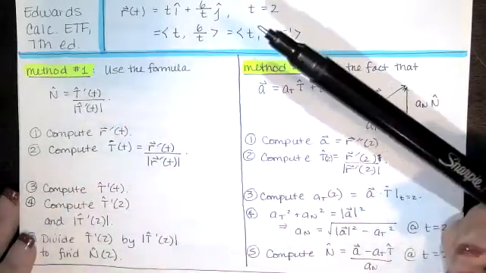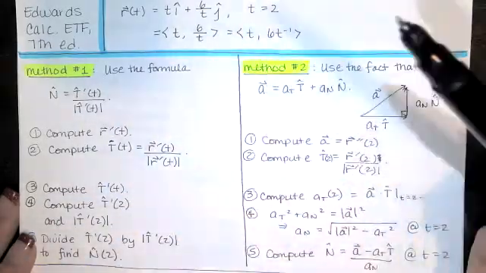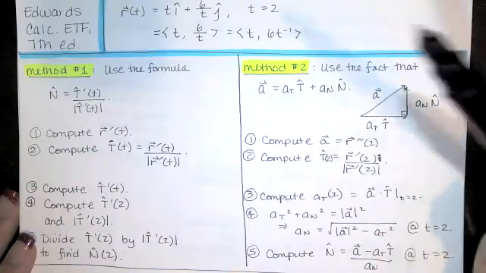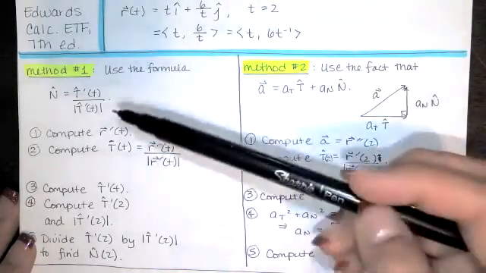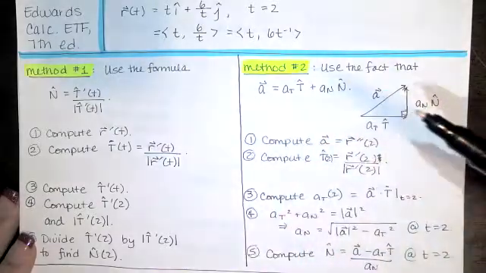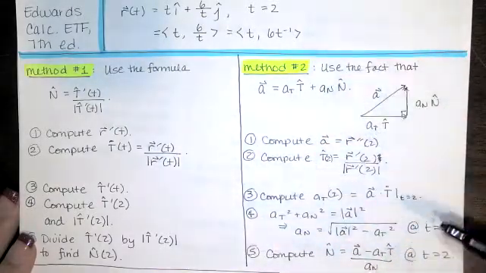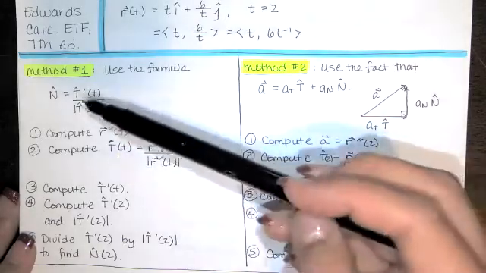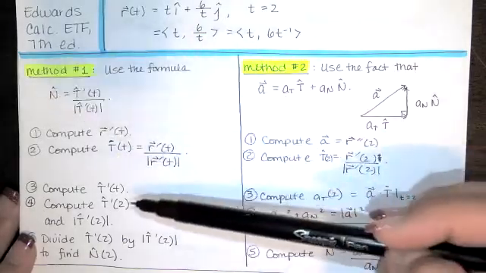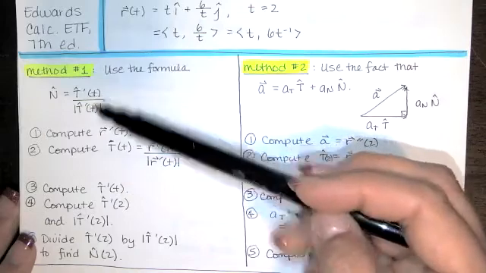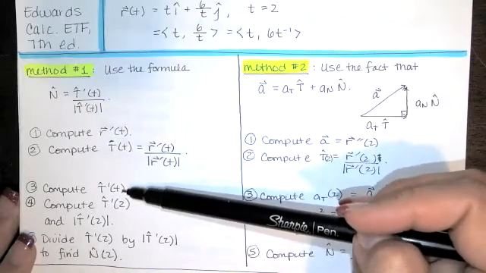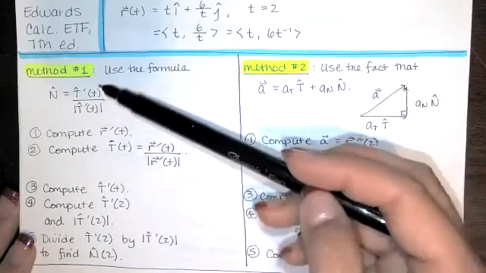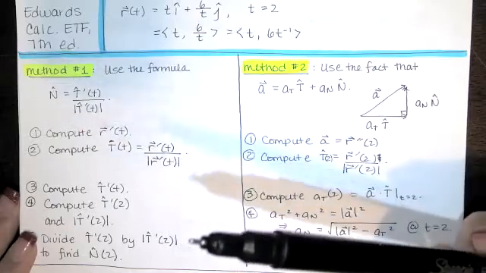Now, if I needed the principal unit normal vector at multiple values of lowercase t, I would probably want to use this formula directly, or maybe use this method in terms of lowercase t. But since I only want n hat at t equals 2, I can plug in t equals 2 right here, and that'll be enough to get us everything that we need to find n hat at 2.